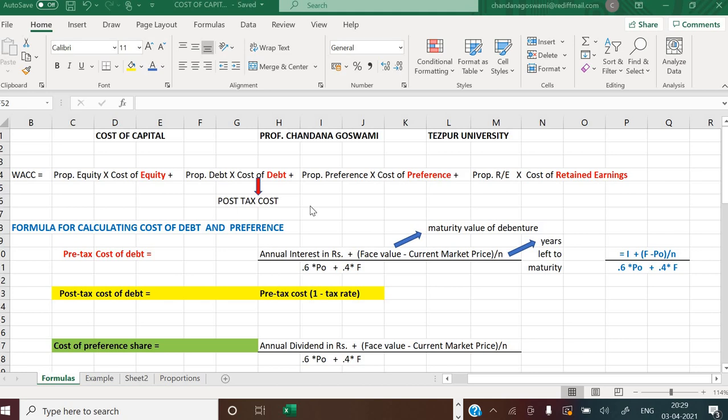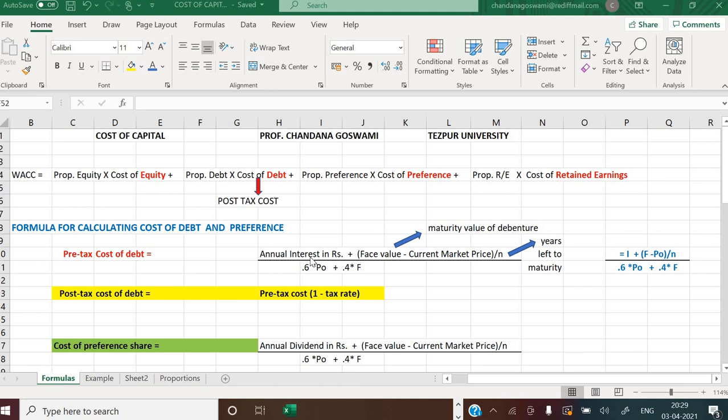Let us have a look at the formula for calculating cost of debt and cost of preference. They are identical. In case of cost of debt, the pre-tax cost of debt, what we take in the numerator is the annual interest in rupees.